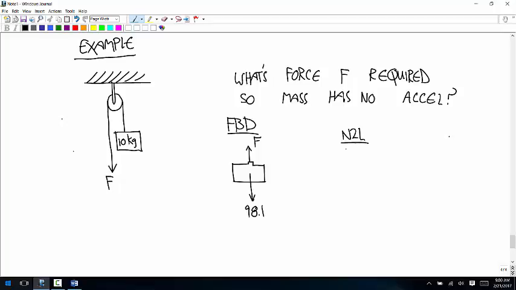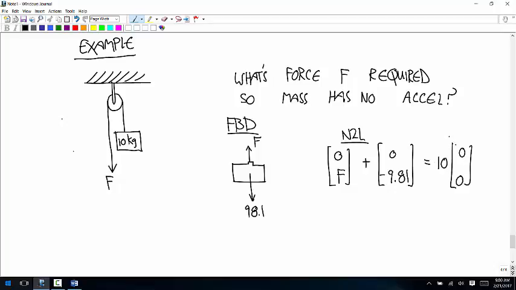And Newton's second law says 0 F plus 0 negative 9.81 is equal to 10 times the 0 vector, because it's not accelerating. And so the y equation says F is equal to, no, I just wrote that number in wrong. That weight is 98.1. So F is equal to 98.1 newtons.